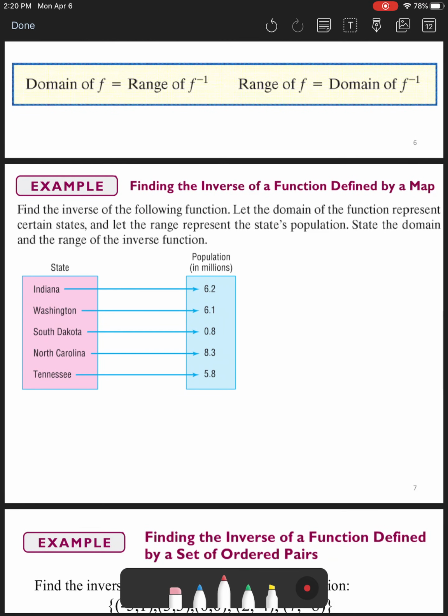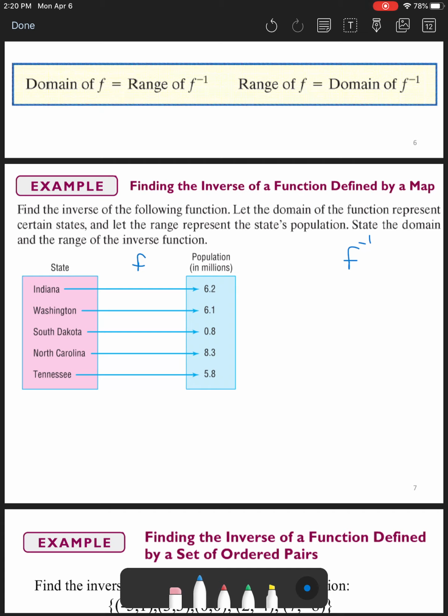Finding the inverse function. It's pretty easy. This is your original function. We'll just call it f. The domain of the original function would be the states, and the range would be the populations.